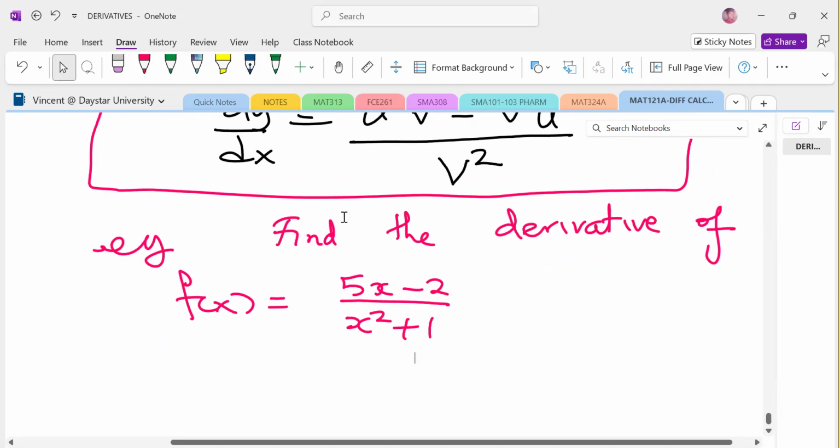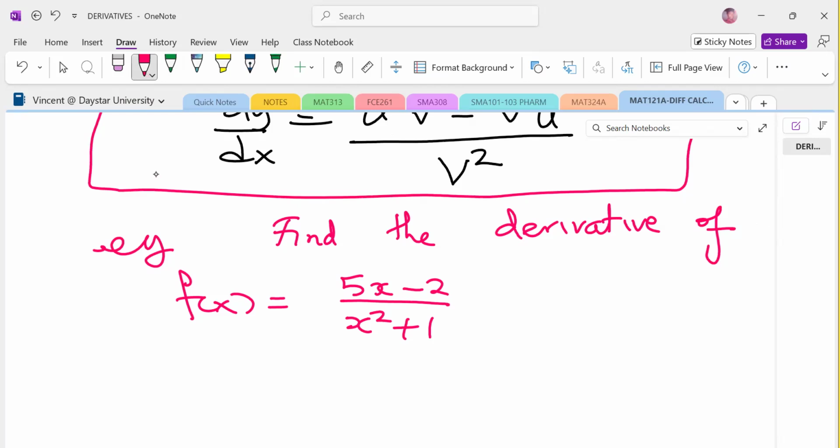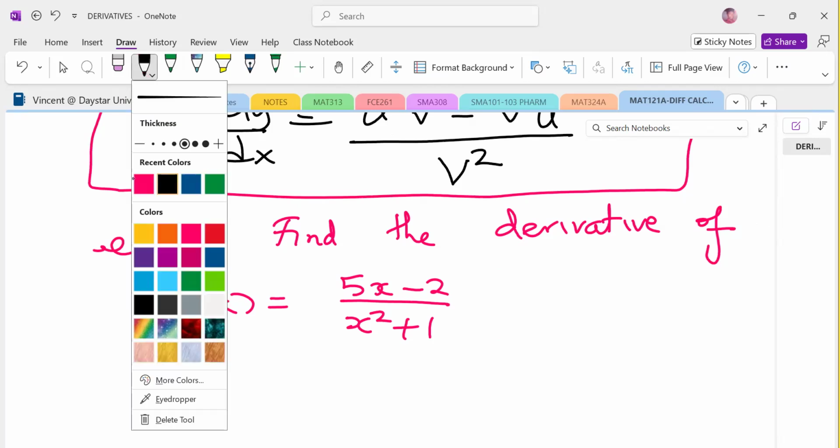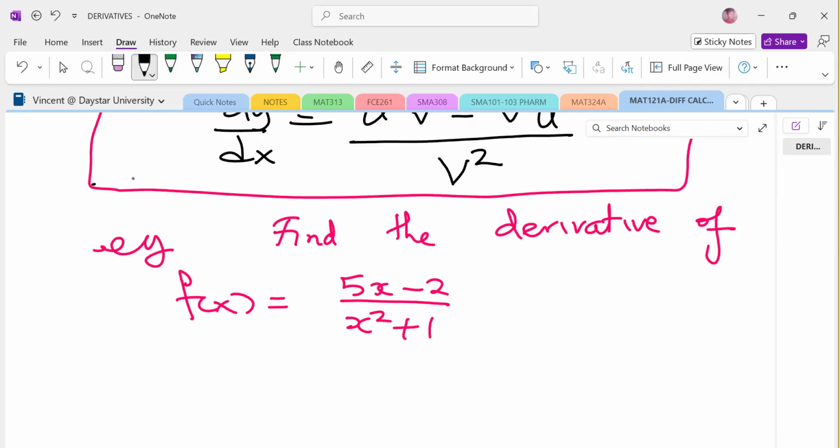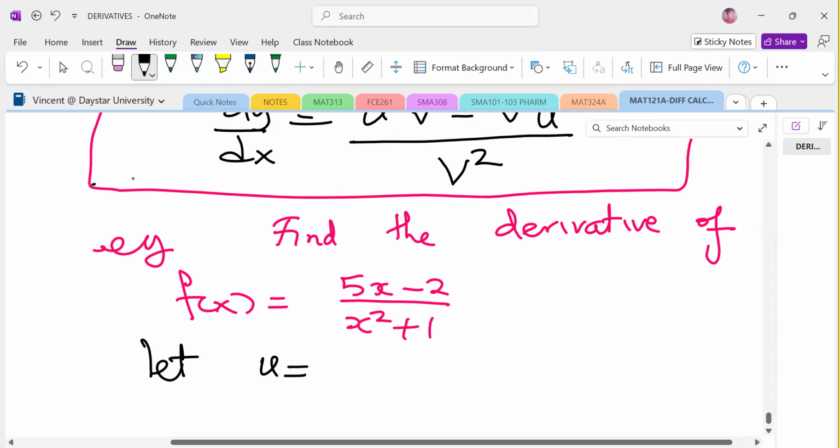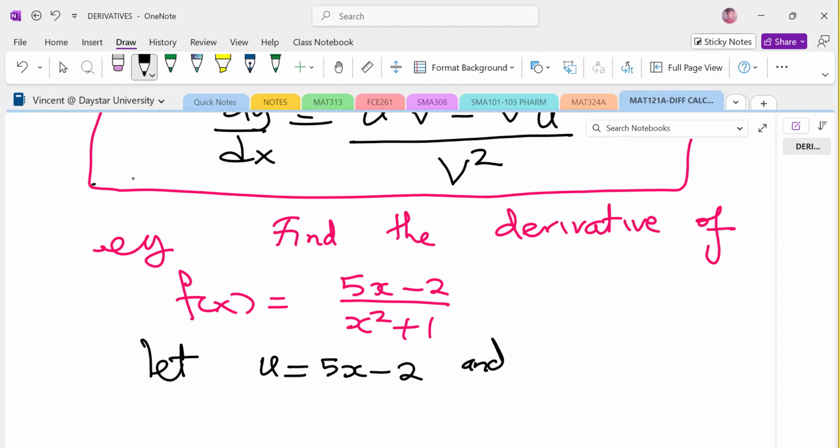So remember, when we have this structure, by default, u is the numerator and v is the denominator. The formula I've given is very specific on what you let to be u and v. So by default, u is the numerator and v is the denominator. So that's what you have.